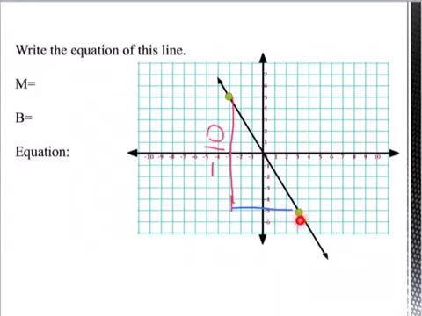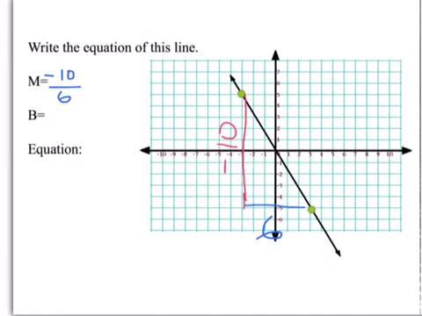So we went to the right 6 units. That means my slope is how many I went down, negative 10, over how many I went to the right, 6. Then we can reduce negative 10 over 6 to negative 5 over 3, because both negative 10 and 6 are divisible by 2.